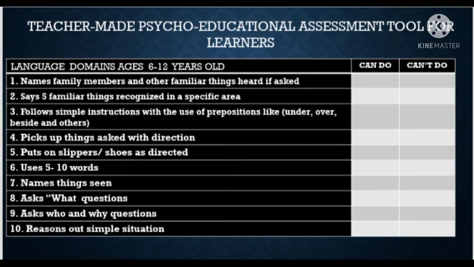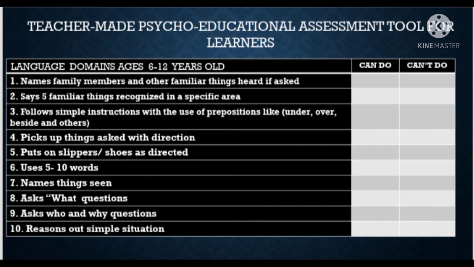For language domain, number 1. Names family members and other familiar things heard if asked. 2. Says 5 familiar things recognized in a specific area. 3. Follows simple instructions with the use of prepositions like under, over, beside, and others. 4.